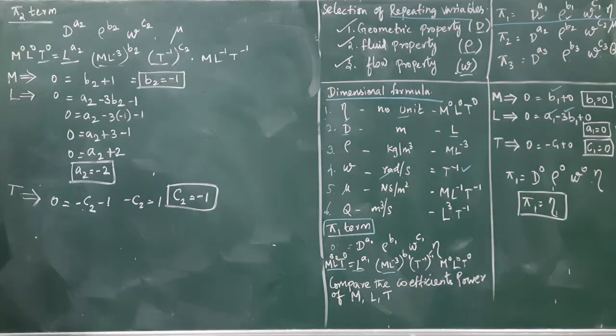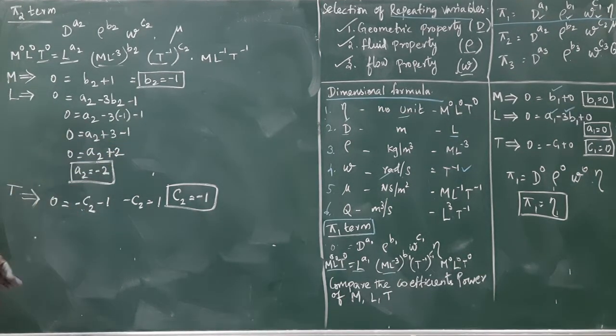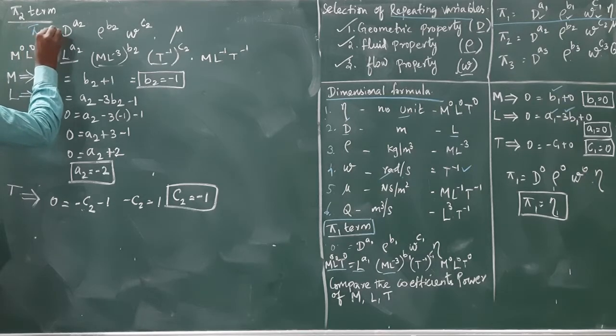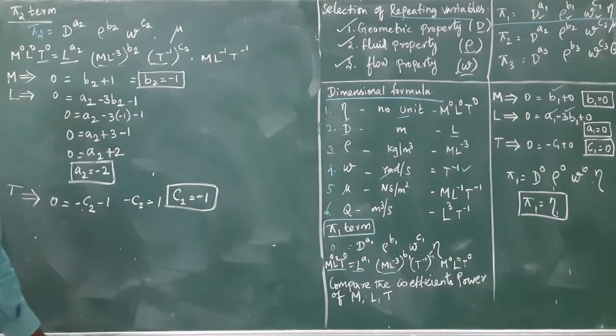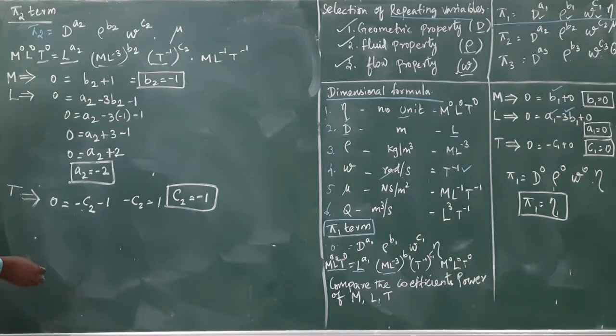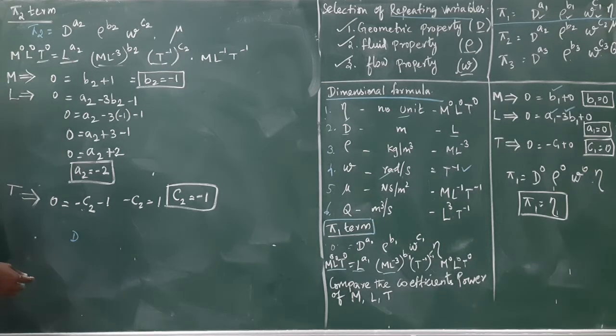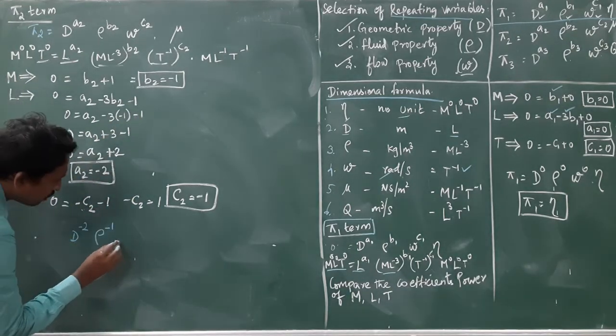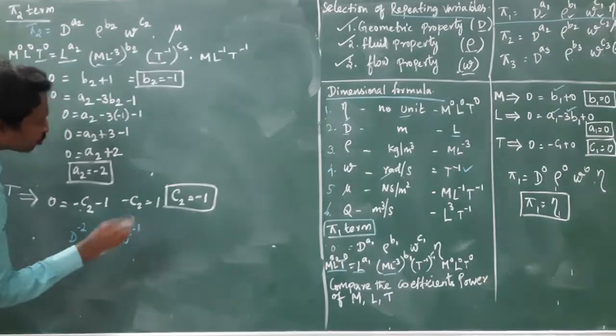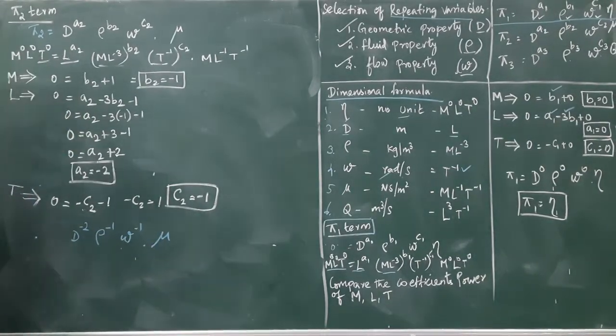For the second pi term, we can find out the A2, B2 and C2 values. Substituting in the pi 2 term, which is d power A2, rho power B2 and omega power C2 into mu. Substituting the A2, B2 and C2: d power A2 is d power minus 2, then rho power B2 is minus 1, omega power C2 is minus 1, into mu.